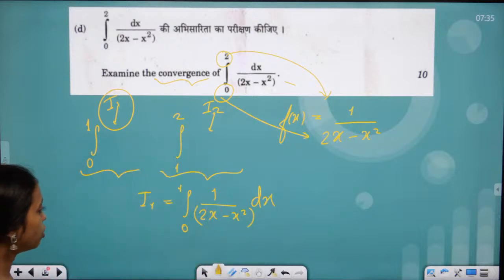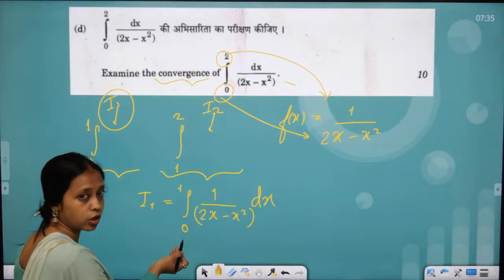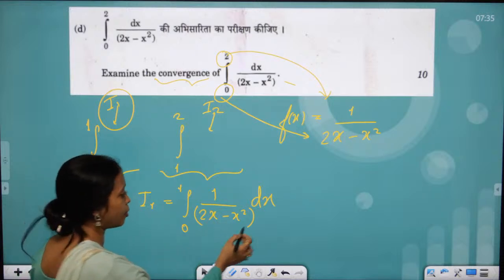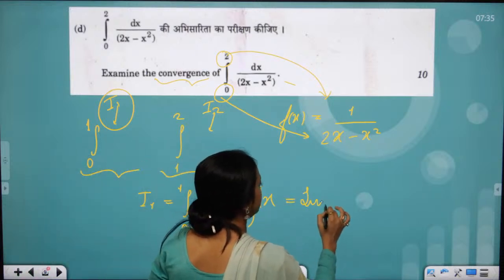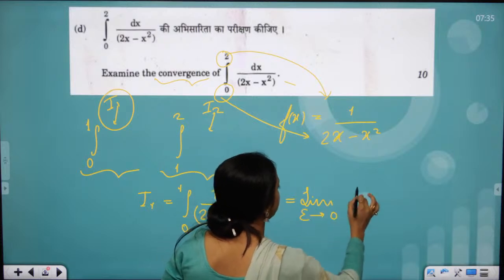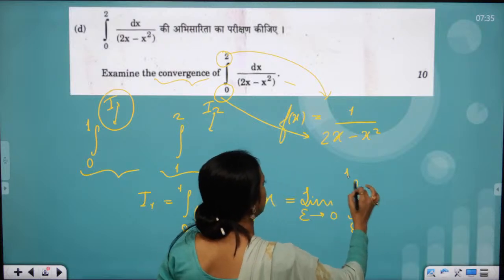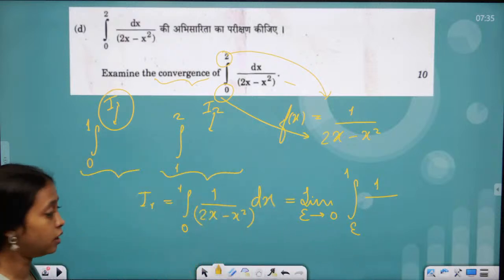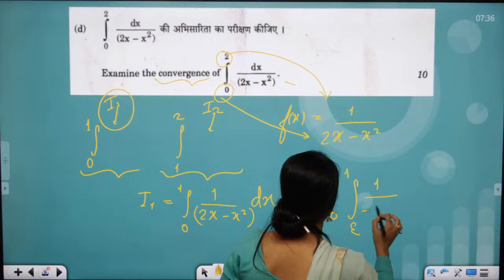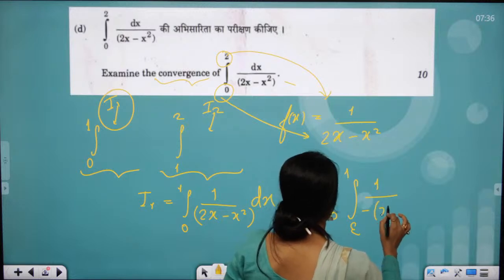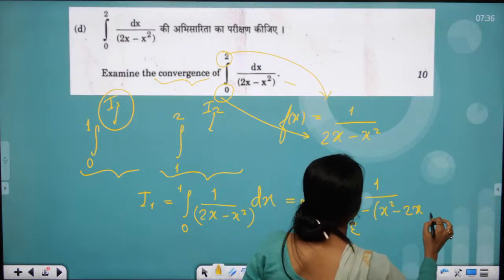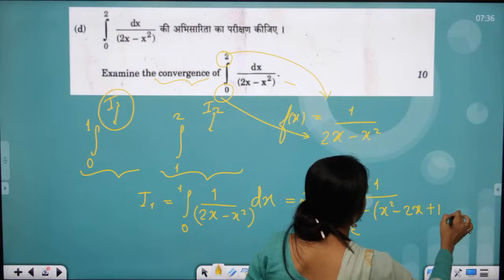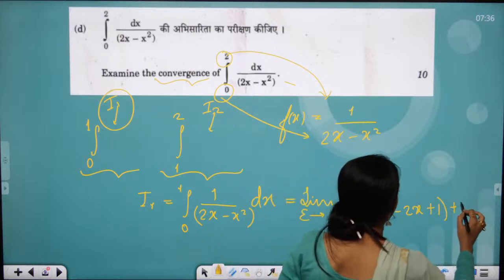Right. So you need to change this 0, because 0 is creating a problem. So you write it as limit epsilon tends to 0, integral from epsilon to 1, 1 upon, you can complete the square over here, right? What would it become? This becomes minus x square minus 2x plus 1 minus 1, so it becomes plus 1 outside.